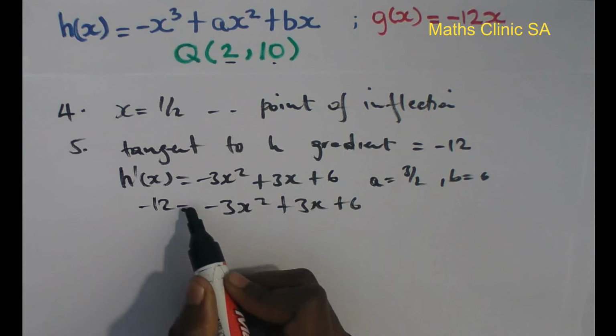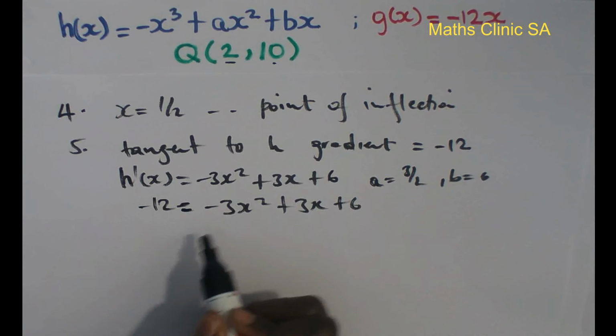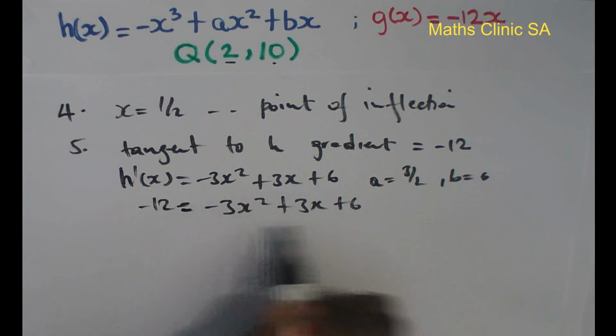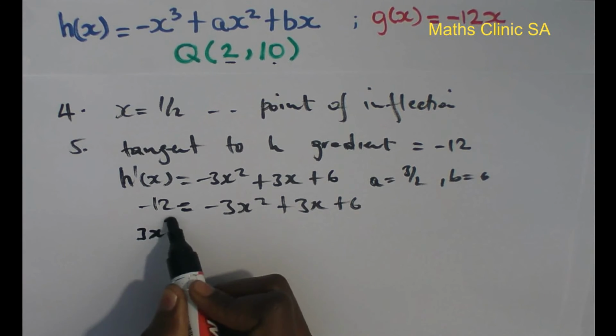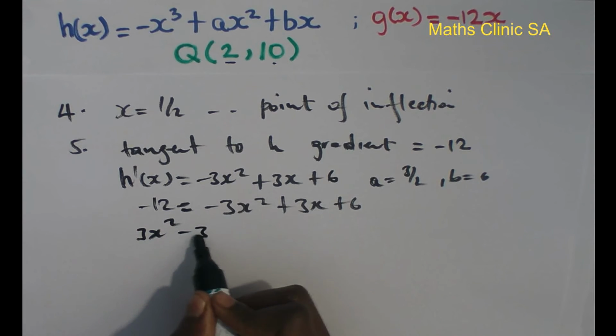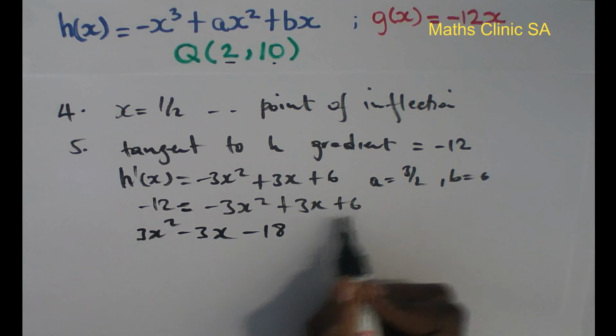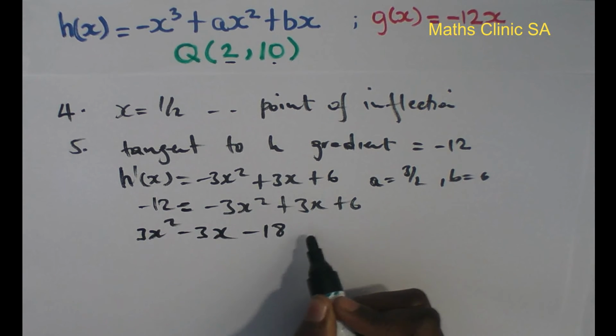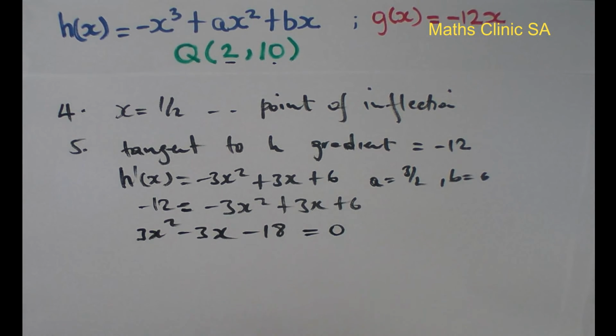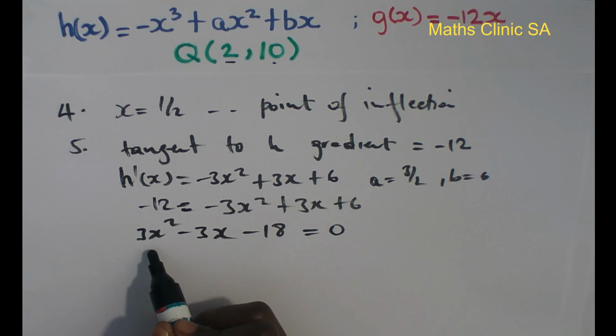Okay, so this quadratic we solve for x. We take everything to one side, so 3x squared minus 3x, and the 6 will be negative 18 because 6 plus 12 is 18, and let's divide throughout by 3 because it's the common factor.